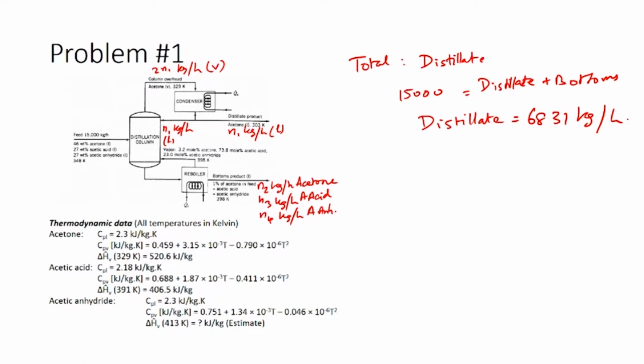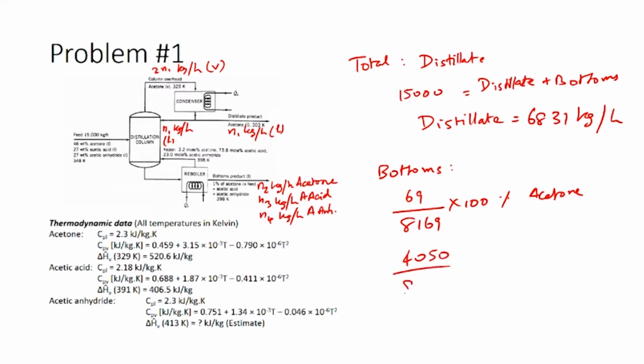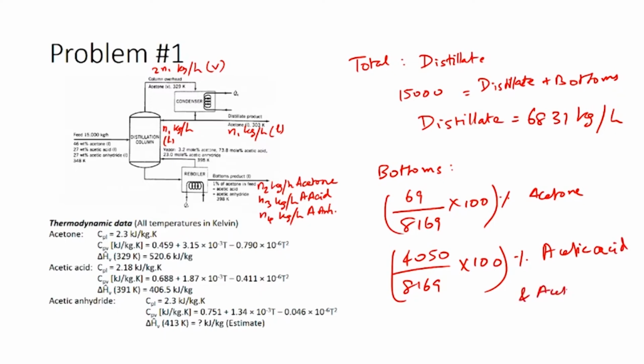The composition of the bottoms product can also be identified because we know the mass flow rates of the individual components. The bottoms product composition would be 69 divided by 8169 times 100% for acetone, and 4050 divided by 8169 times 100% for both acetic acid and acetic anhydride.